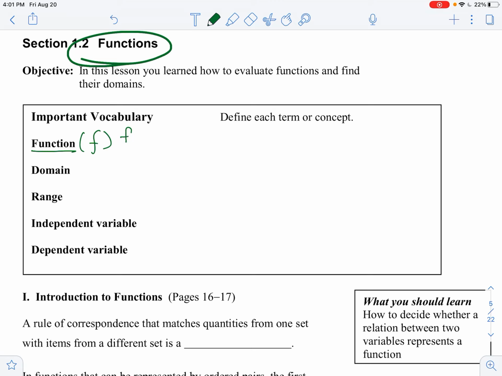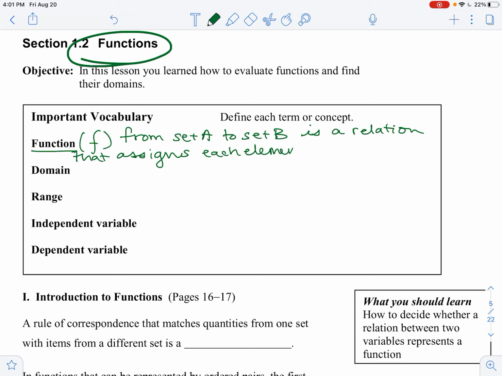The definition is to go from a set, we'll call it A, to another set of numbers, we'll call it B, and it's a relation that assigns each element from set A to one element in set B. Okay?